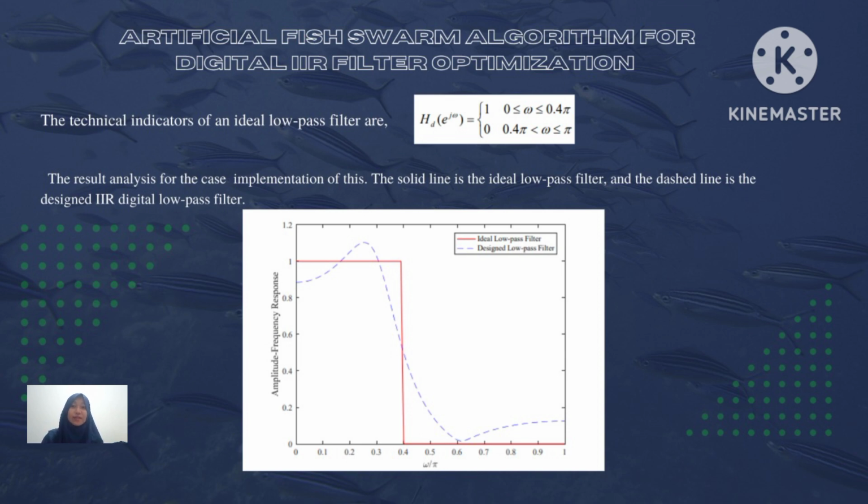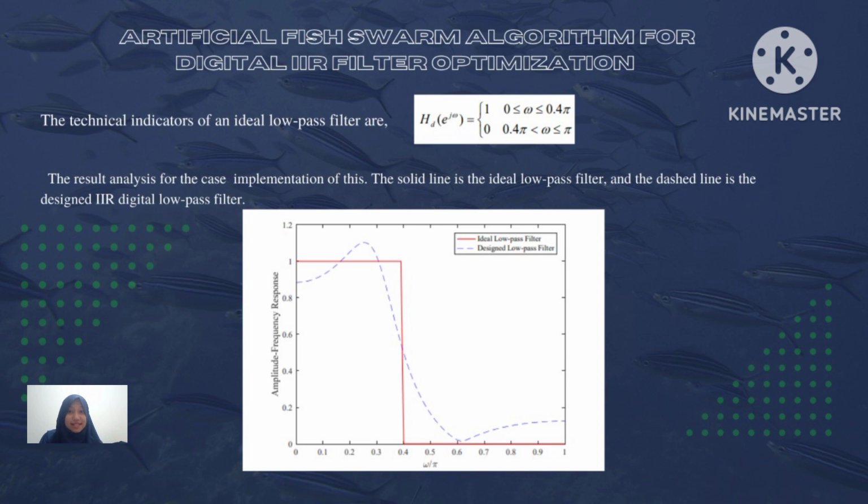This is the technical indicator of the ideal low-pass filter, and then the amplitude frequency response curve comparison between the designed digital low-pass filter and the ideal low-pass filter is shown in the curve. The solid line is the ideal low-pass filter, and the dashed line is the designed IIR digital low-pass filter.